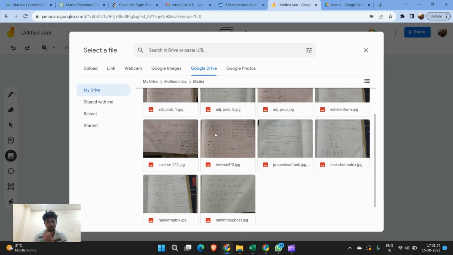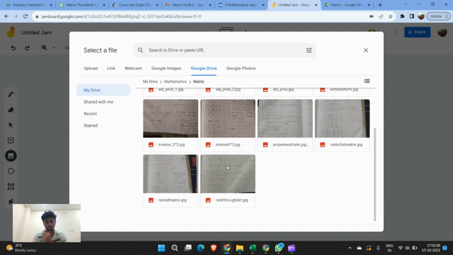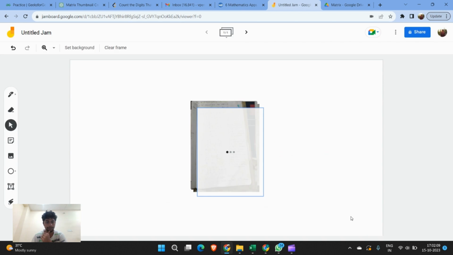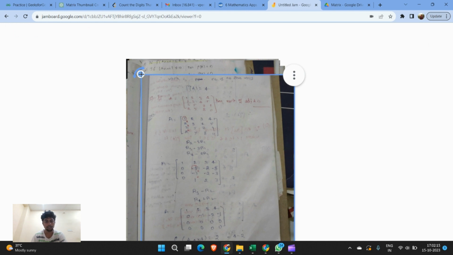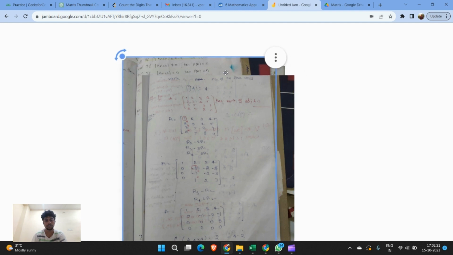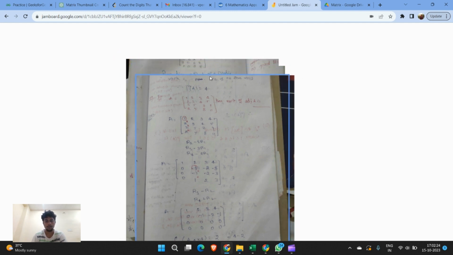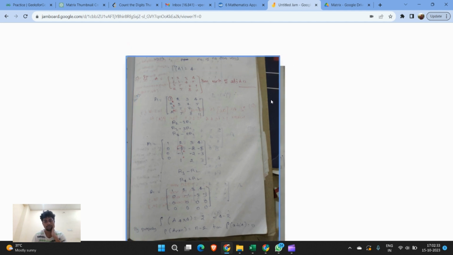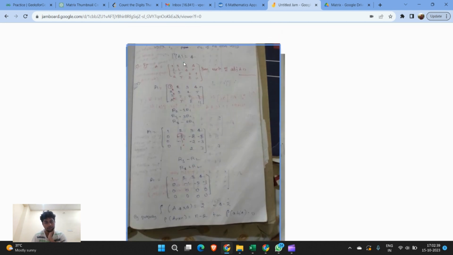I'll take you to another image here. Rank of this matrix. I already told you that based on the rank, you can also find the rank of the adjoint. They give one matrix as A and ask you to find the rank of adjoint A. If you follow the normal approach, you have to find the adjoint of that matrix, then convert it and find the rank.